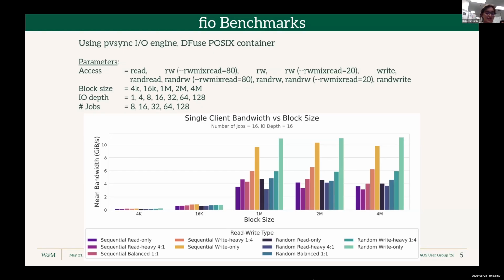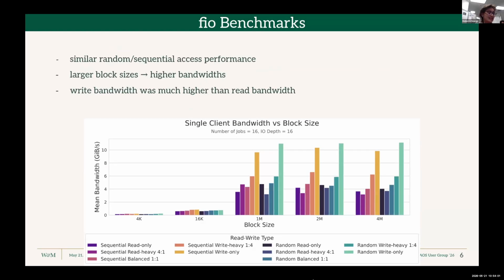So we found that there was not a large difference between the random and sequential access performance. And then as the block size increased, we got higher bandwidths. There was some saturation, as you can see, after 1 megabyte or 2 megabyte.